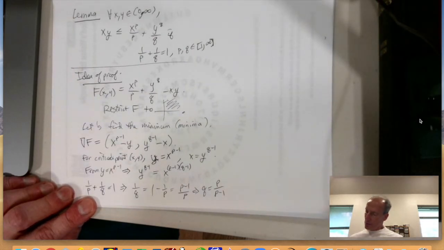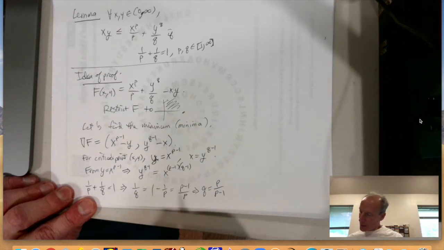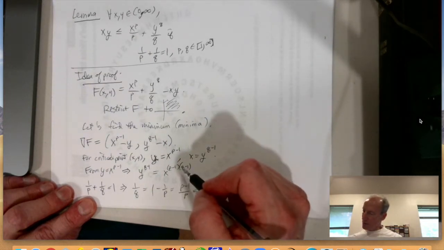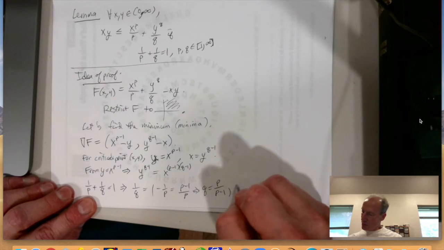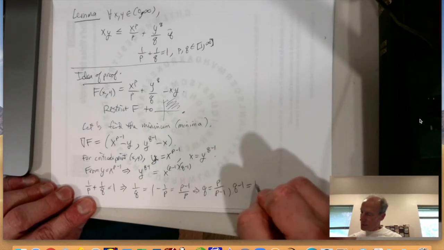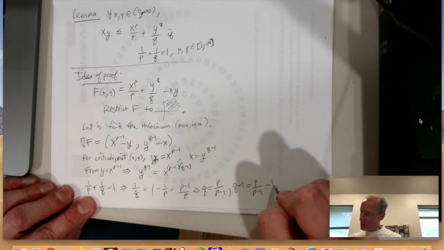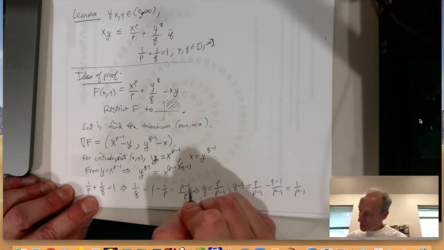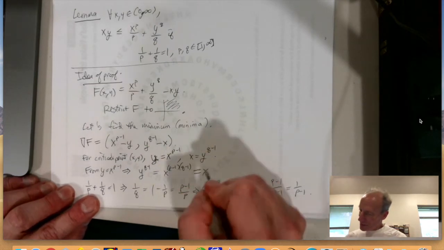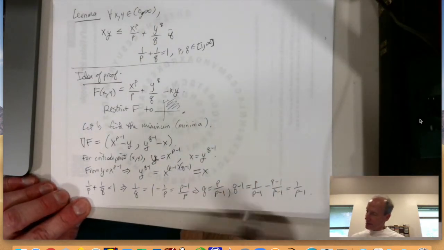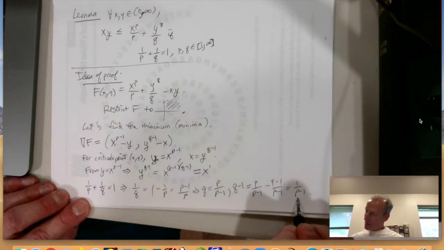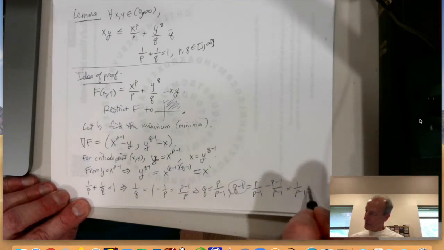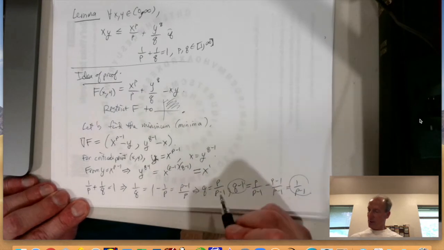So this is p over p minus 1. Then q minus 1 is equal to p over p minus 1 minus p minus 1 over p minus 1, which equals 1 over p minus 1. So notice this equals x, because if I take q minus 1 and put that in there, I get just x to the 1.